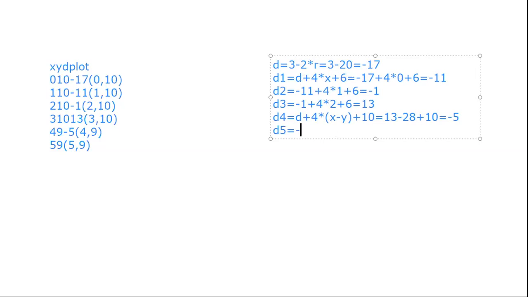Okay, so minus 5 plus 4 into previous x value. What is the previous x value? That is 4. Then plus 6. Yes, how much is the value? Is equal to 4 4s are 16 plus 6 22 minus 5.